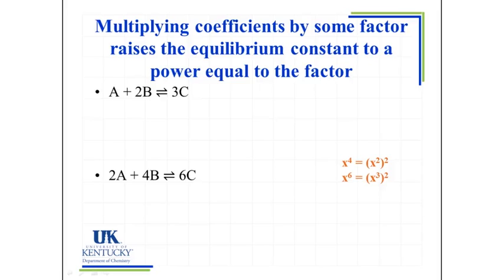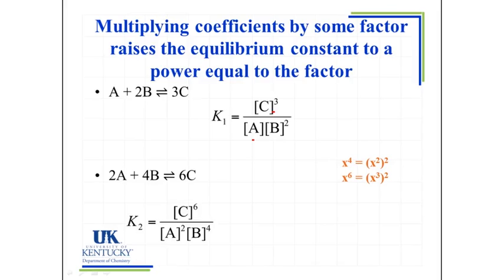If I multiply the coefficients by some factor, we actually raise the equilibrium constant to that same power. So for example, if we write the law of mass action for our first reaction here, we have the same thing we did before, K1 equals C cubed over AB squared. When I look at twice that reaction, I say 2A plus 4B yields 6C. I've just multiplied everything by 2. When I look at K2, I get C to the 6th over A squared B to the 4th, because I have different coefficients, so I have to put those in there.